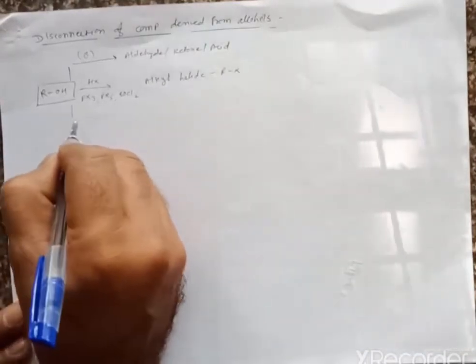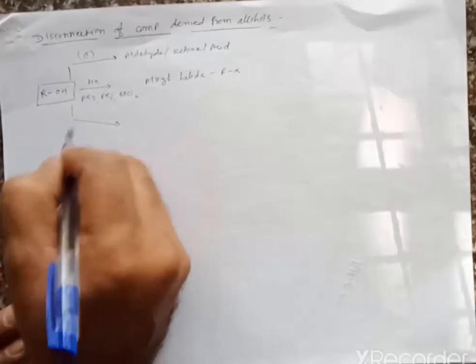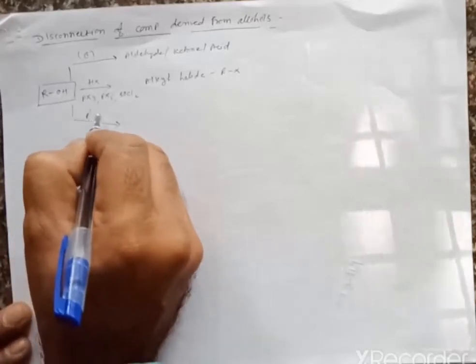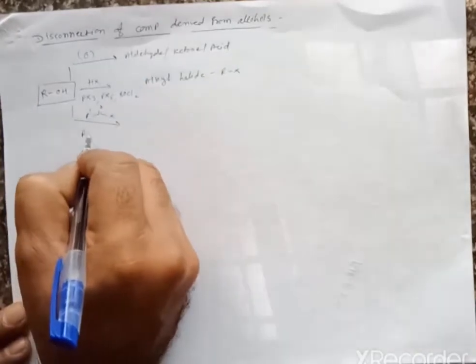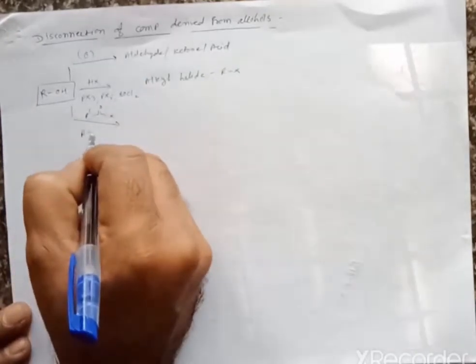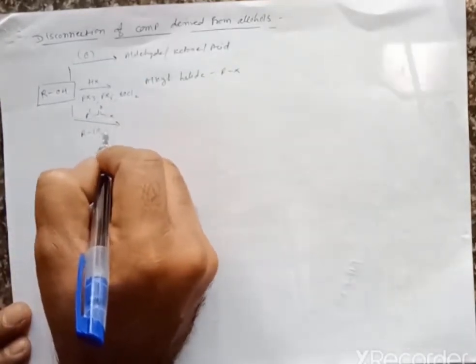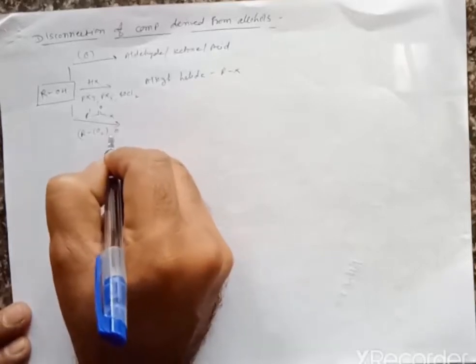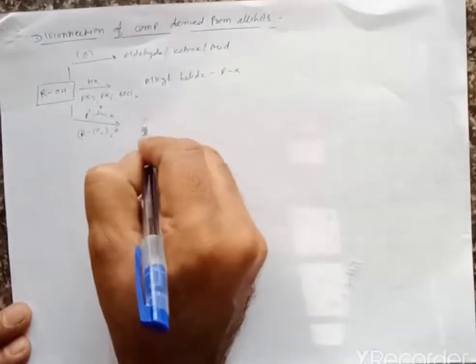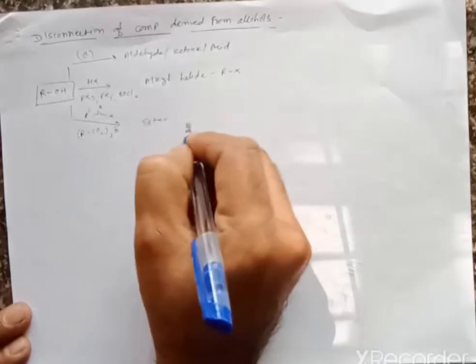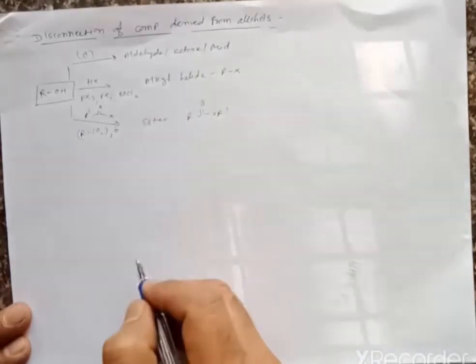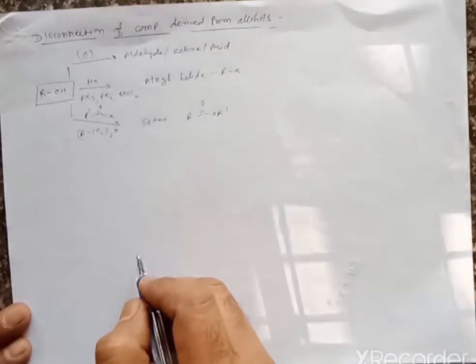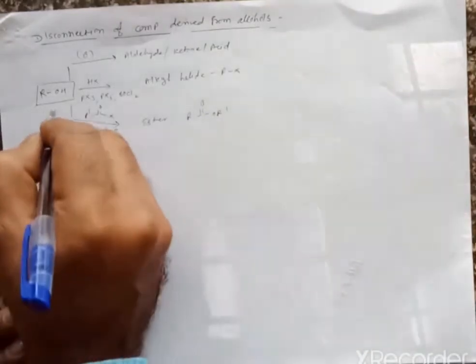Then if we treat this alcohol with acyl halide, or sometimes with acid anhydride, (RCO)2O, it gives the formation of ester, that is RC=O OR', right? So if we want the retrosynthesis of ester, we can take an alcohol.